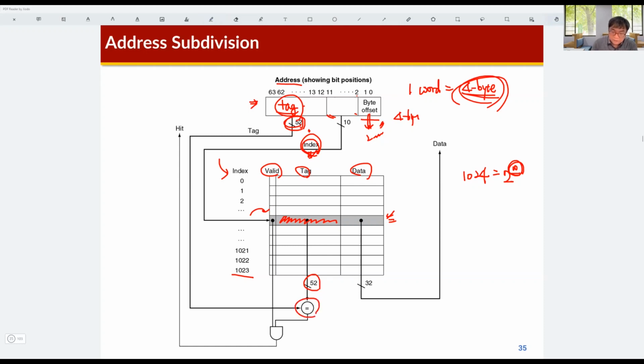If the tags are the same, it becomes 1. Also, it should be valid, so we also check the valid bit of the target cache block. If this is 1 and this is 1, it means the requested data exists in the cache, so it's a hit. Then this data is read out by the index number of this address and provided to the processor. Okay.